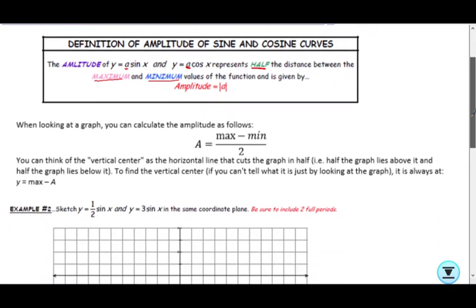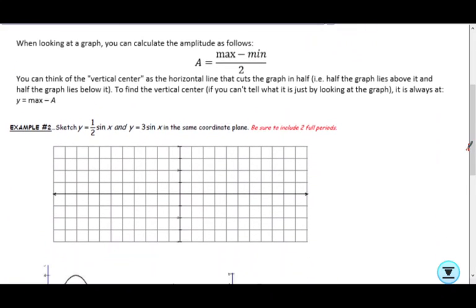Okay, so let's practice this a little bit. Okay, so on this graph, we're going to graph all 3 of these. We're going to graph y equals sine x, y equals 3 sine x, and of course we always graph the parent function. Okay, so here we go. I'm going to draw the scale.